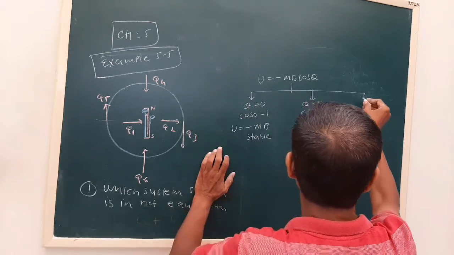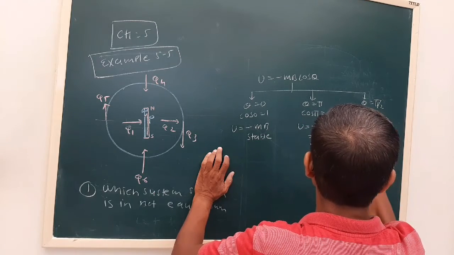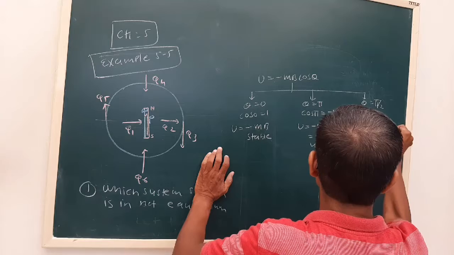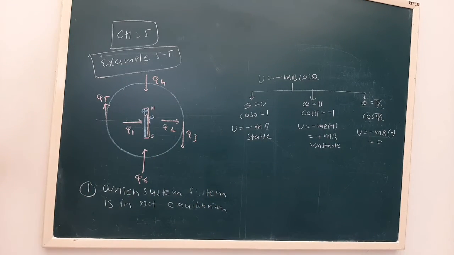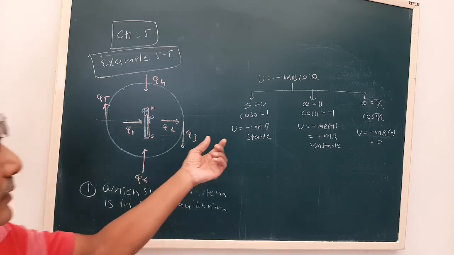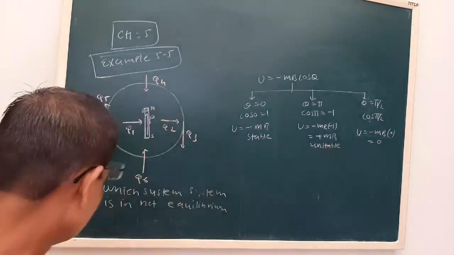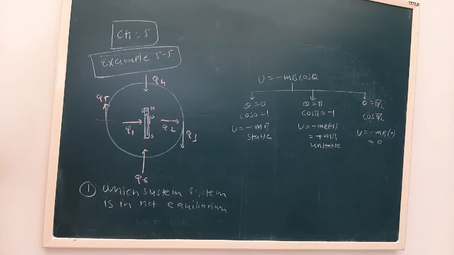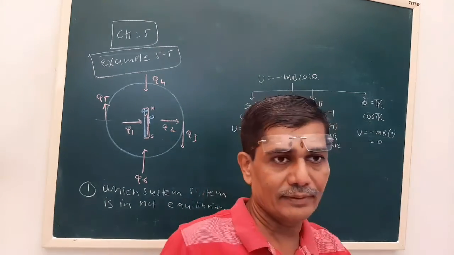And theta is equal to pi by 2. These are the main things you have to keep in mind while solving this. Minus mB will be stable, unstable it will be plus mB, and at pi by 2 it will be 0. First we have to find out in which conditions the system is in non-equilibrium. See, here this is equilibrium, this is also equilibrium, but this is non-equilibrium.